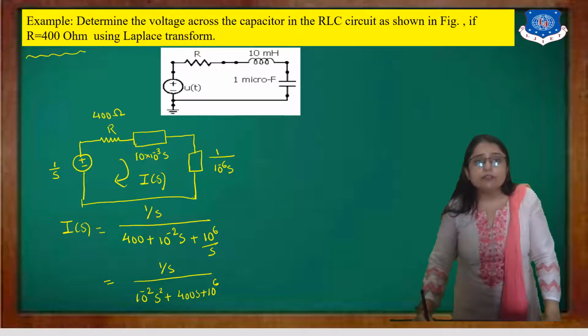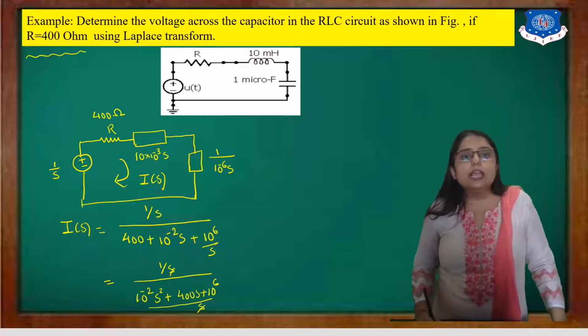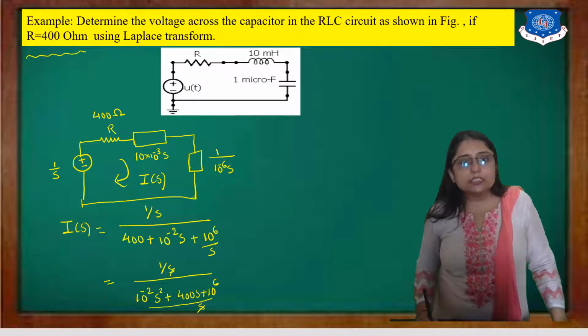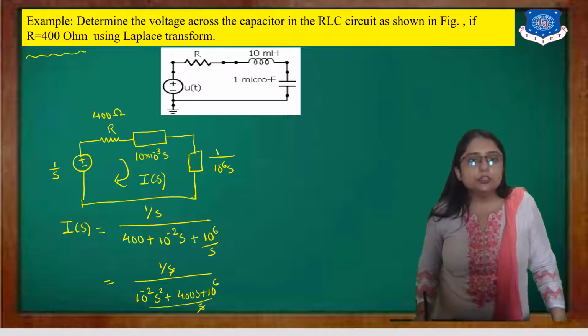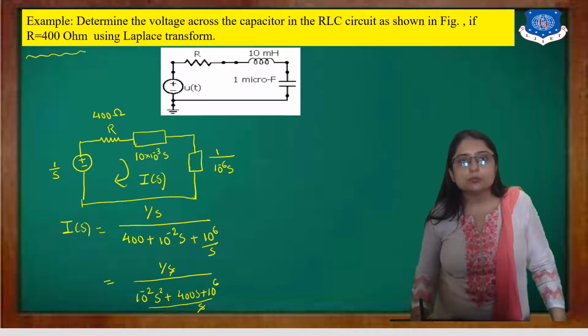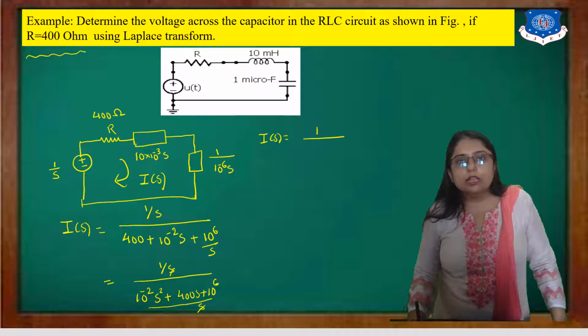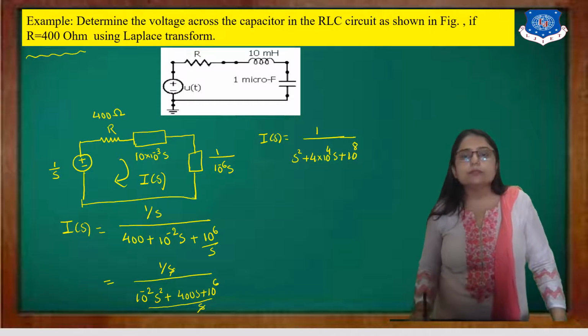If I divide it by S, this S and S will cancel out. And if I want only S square, I have to multiply the numerator and denominator by 10 raised to plus 2. So the value of I of S will become 1 upon S square plus 4 into 10 raised to 4S plus 10 raised to 8.